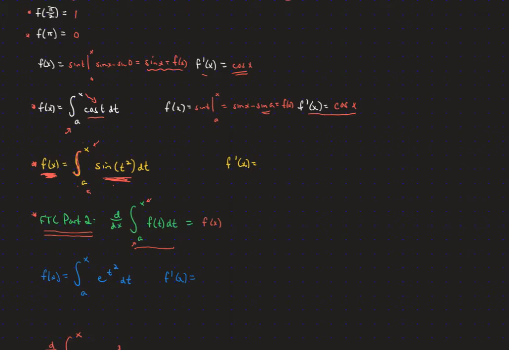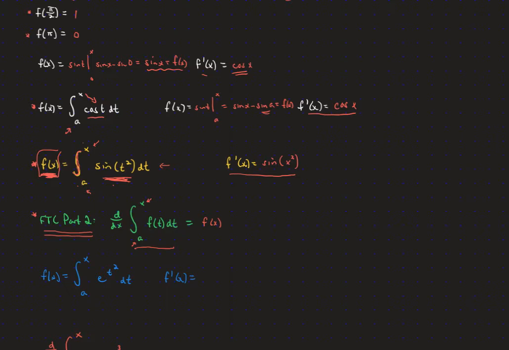Now, its derivative, what we have seen, is going to be, in a sense, the derivative peels away that integral sign. It's going to just be our integrand function with the x plugged in where the t was. That is the derivative for this function f of x defined as an integral. That's what the fundamental theorem of calculus part 2 is saying.